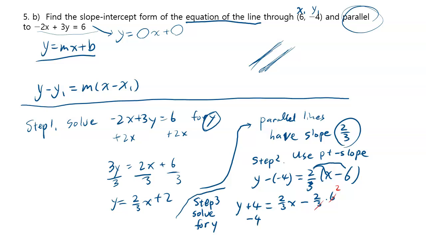You subtract 4 from both sides. 2 times 2 is 4, minus 4 minus 4, that's minus 8, so you end up with y equals 2/3 x minus 8, and that's your answer. That's the line they want you to find, and this is in slope-intercept form because the slope is 2/3 and -8 is the y-intercept.